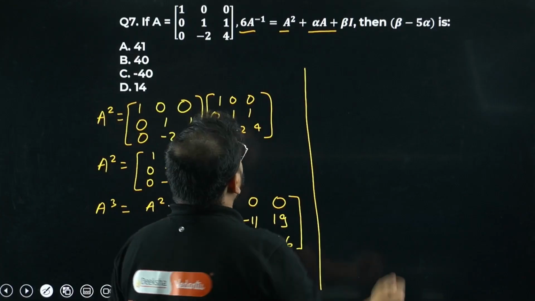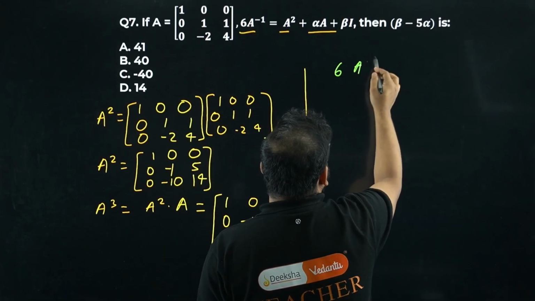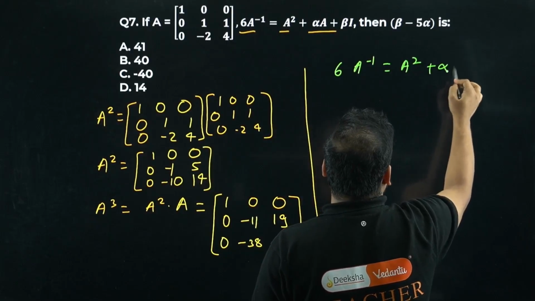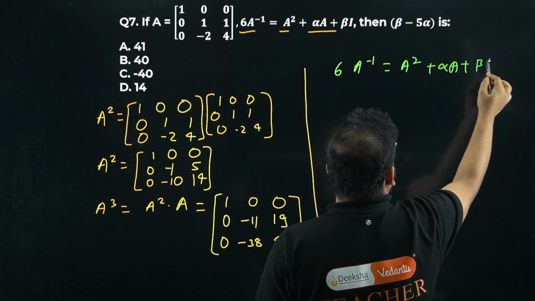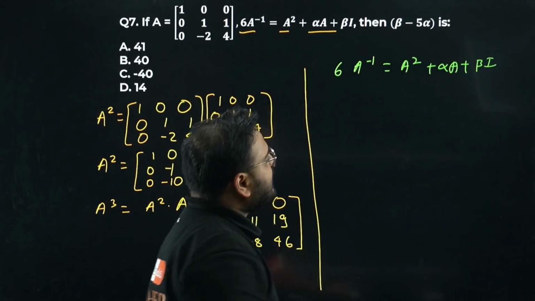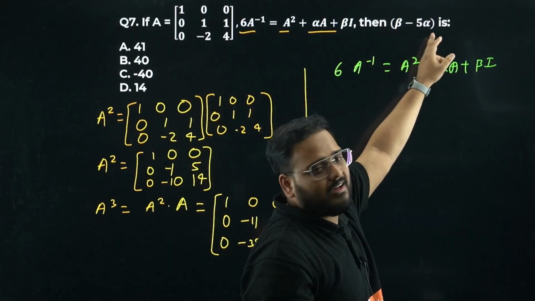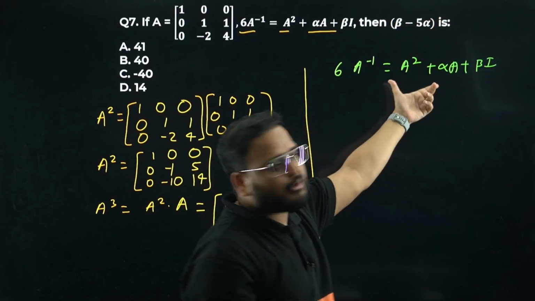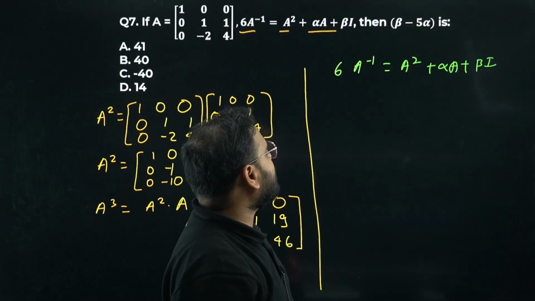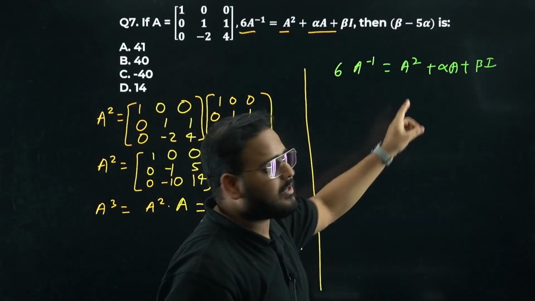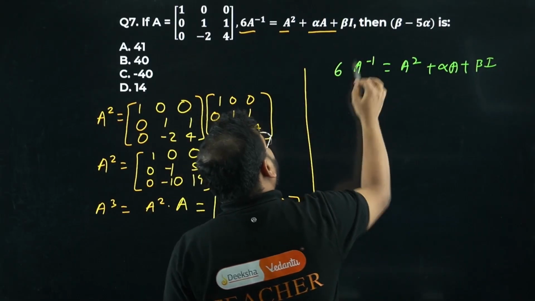They have given 6a inverse equals a square plus alpha a plus beta I. To solve this equation, we need to find the values of beta and alpha, right? So let's do one thing: multiply a on all the terms. When you do that, you'll get rid of a inverse.